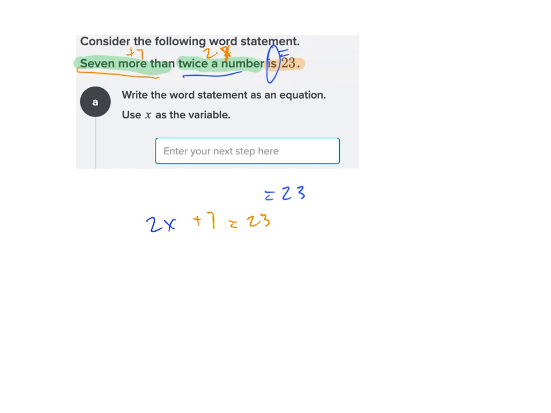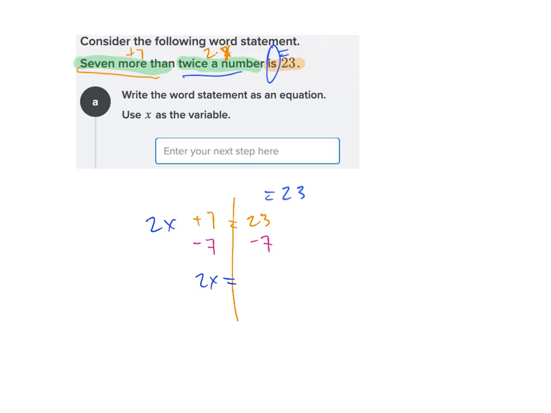Well, now we just have to solve it. So if I look, now I'm going to solve this by, first thing I'm going to undo is the addition. So I'm going to subtract 7 from both sides. Which means I'm going to wind up with 2x on the left side.